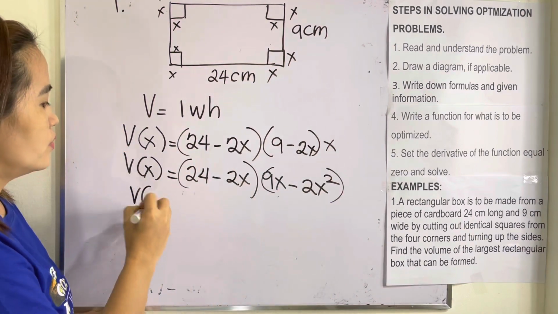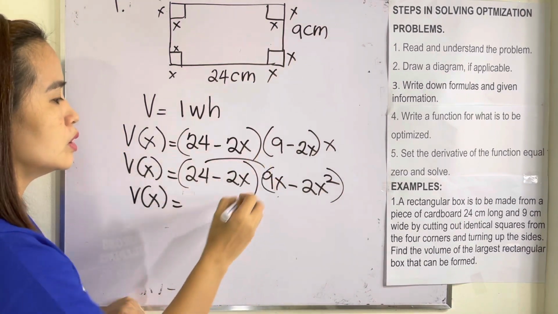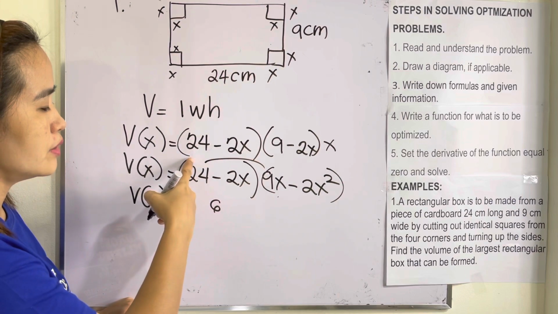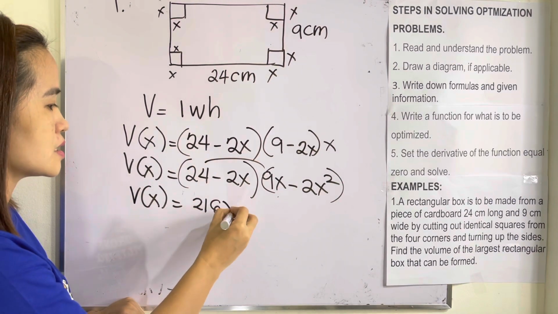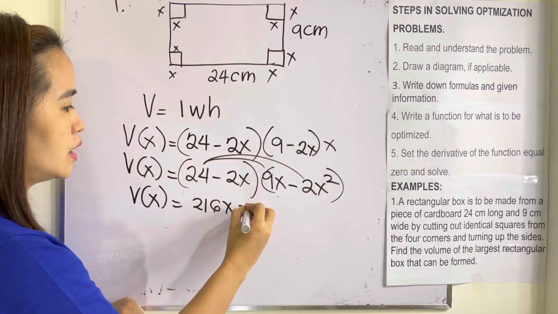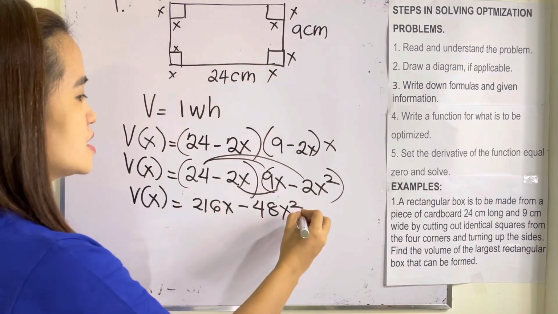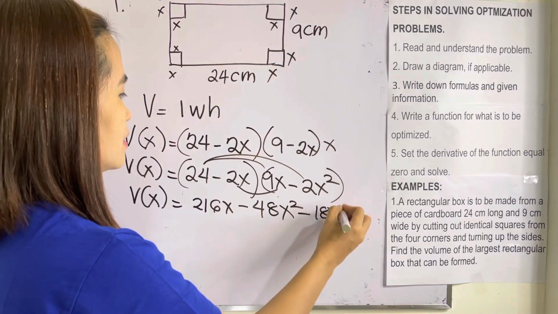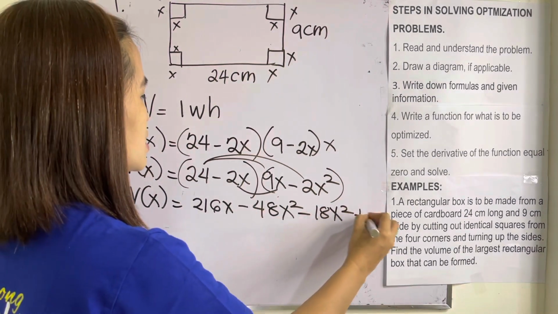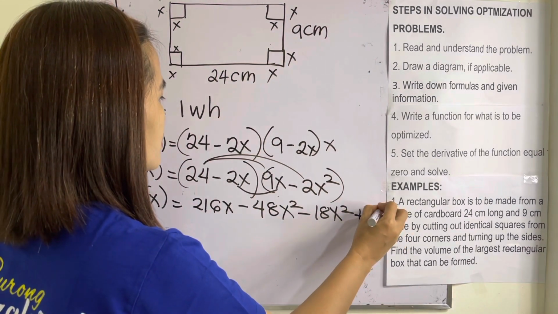Okay. So V of X is equal to, this one is 36, carry 3, 216x. This one is 48x squared. This one is negative 18x squared. And this one is positive 4x cubed.